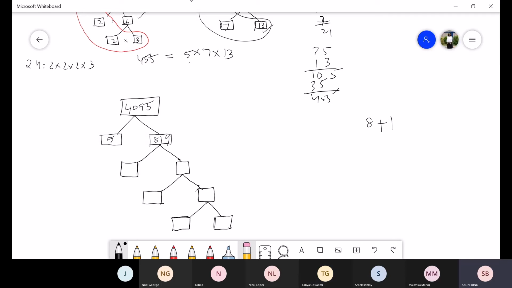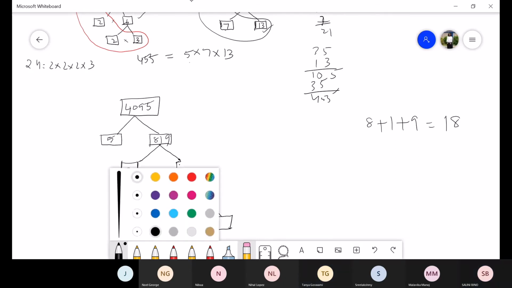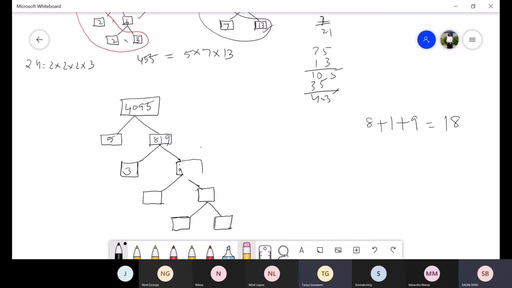Yes, 8 plus 1 plus 9. So we can use the divisibility rule. 18 is divisible by 3, so I wrote 3 here. Okay, fine. 273. Again, I can do with 3, right?